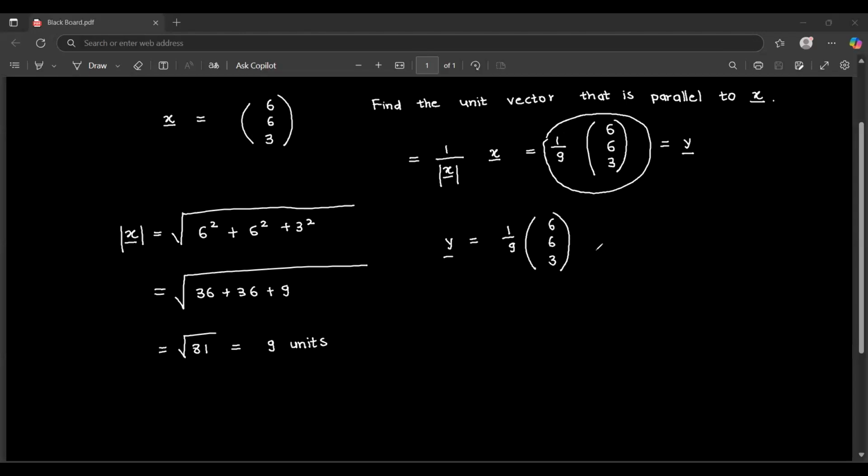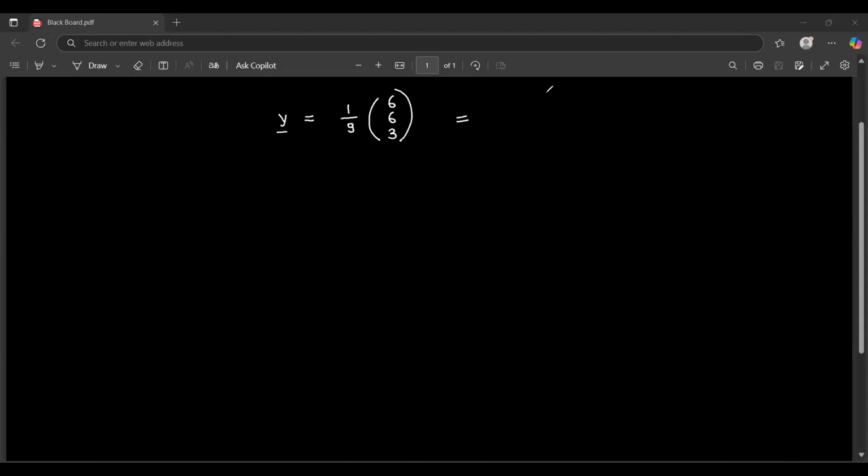Now, shall we check whether the magnitude of y is equal to 1? If it is, you have found the correct answer. So let's check. This is 6 over 9, 6 over 9, and 3 over 9.